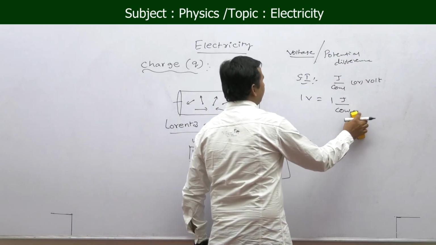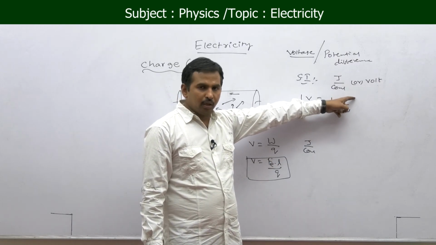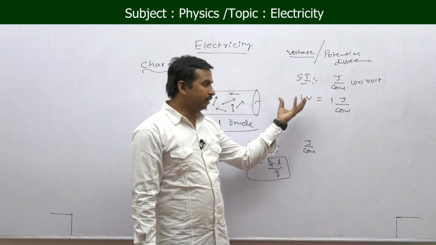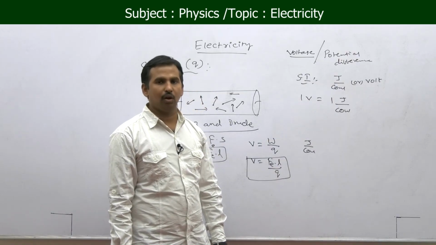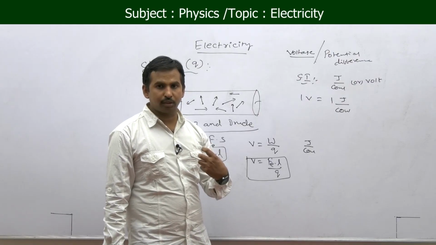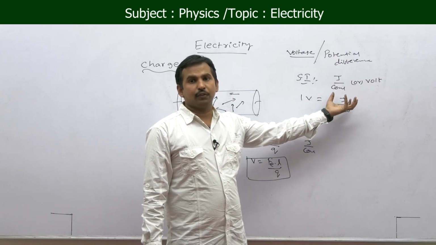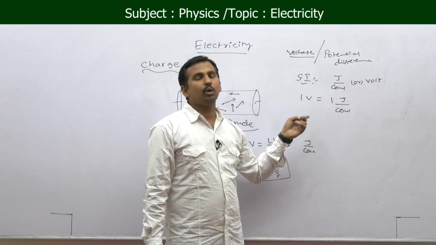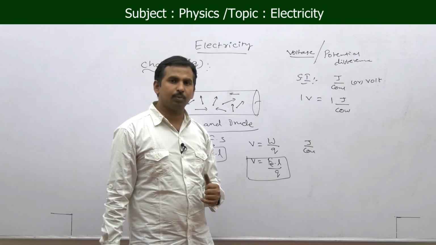If you do a work of 1 joule on 1 coulomb of charge, then the potential difference maintained there is 1 volt. Or you can write it like this: the work required to move a charge of 1 coulomb is 1 joule, so the potential difference maintained is equal to 1 volt. So 1 volt is equal to 1 joule per coulomb.